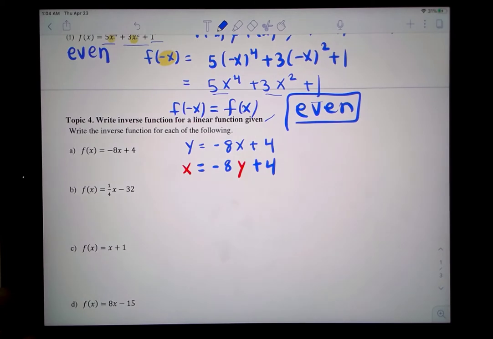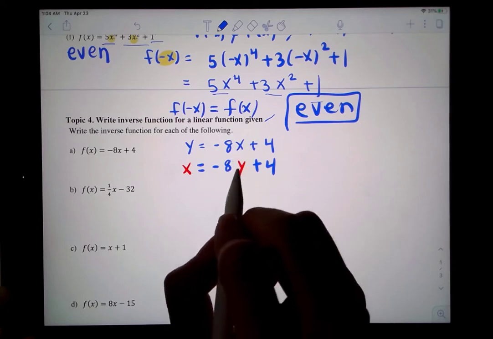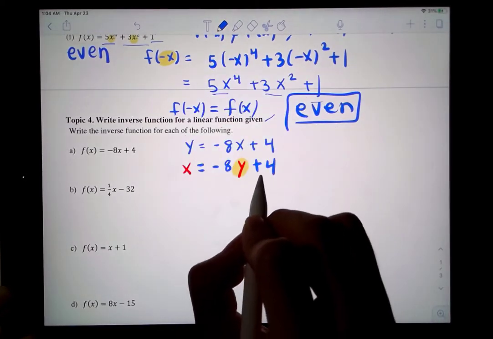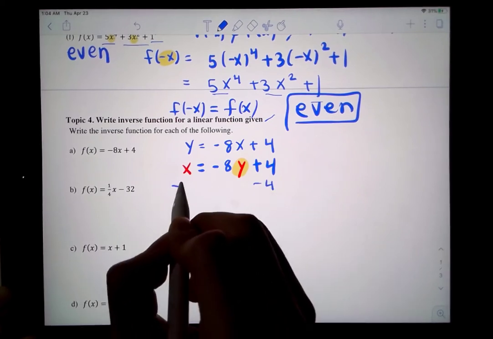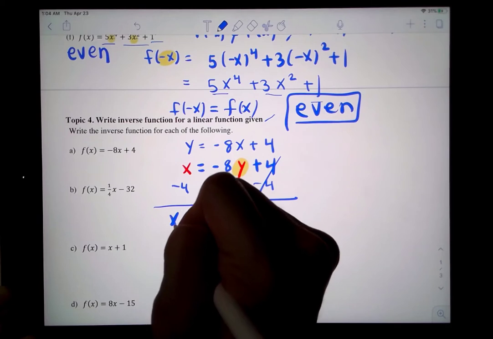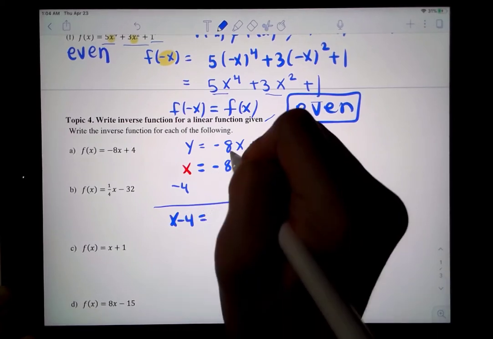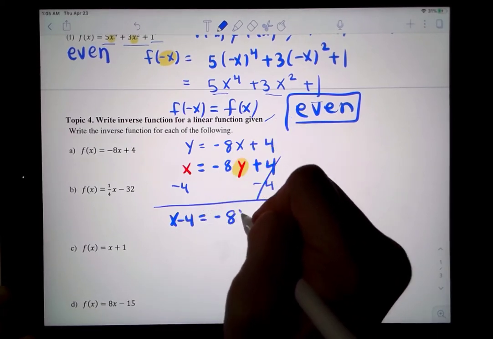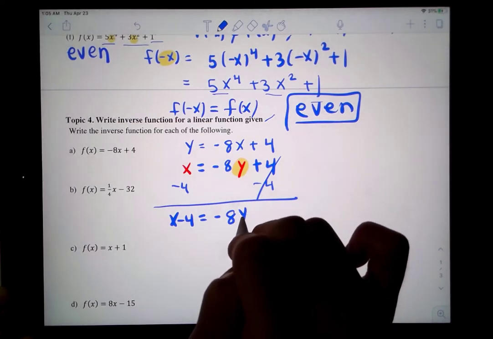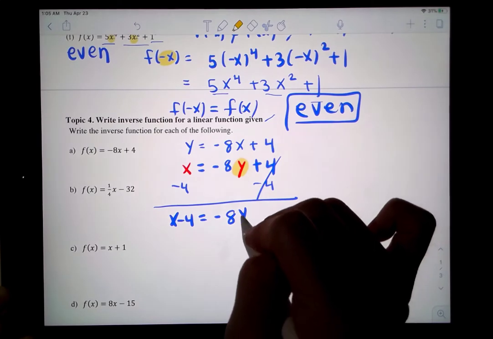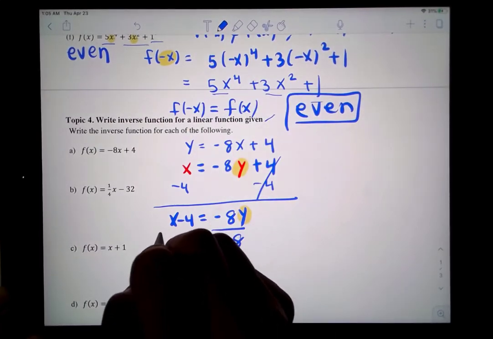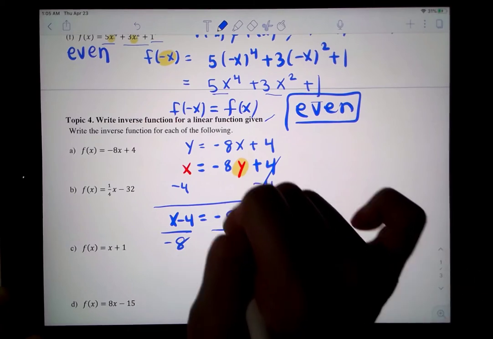That means you isolate y, all right? So I'm gonna isolate this y alone. I'm gonna cancel minus 4 and minus 4. Then you get x minus 4 on the left side, and on your right side you get negative 8y. Then I need to isolate this y, so you divide by negative 8 on both sides.